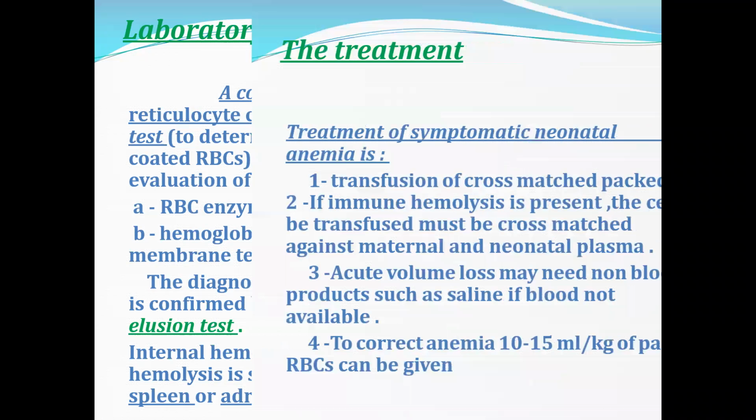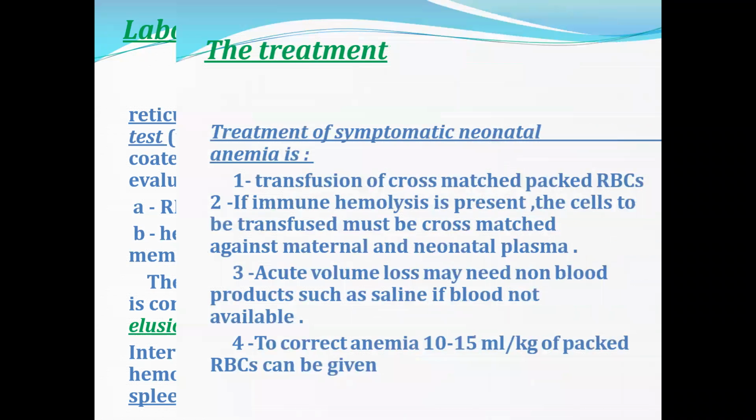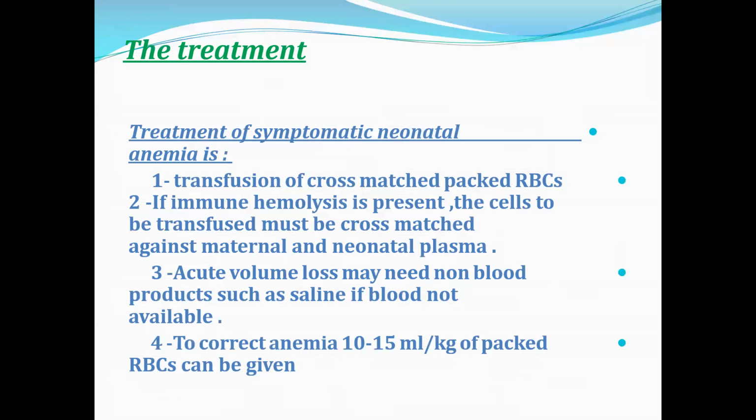The treatment of symptomatic neonatal anemia is, first, transfusion of cross-matched packed RBCs. If immune hemolysis is present due to RH or ABO, the cells to be transfused must be cross-matched against maternal and fetal plasma.